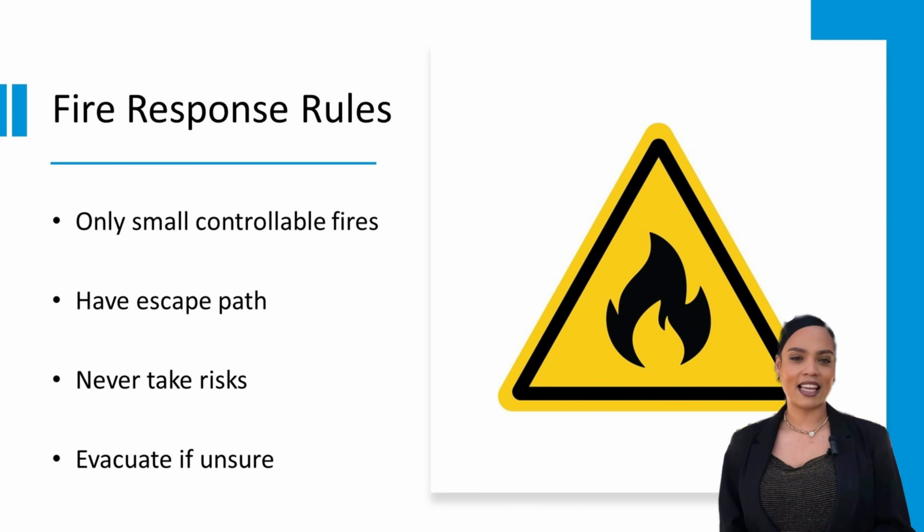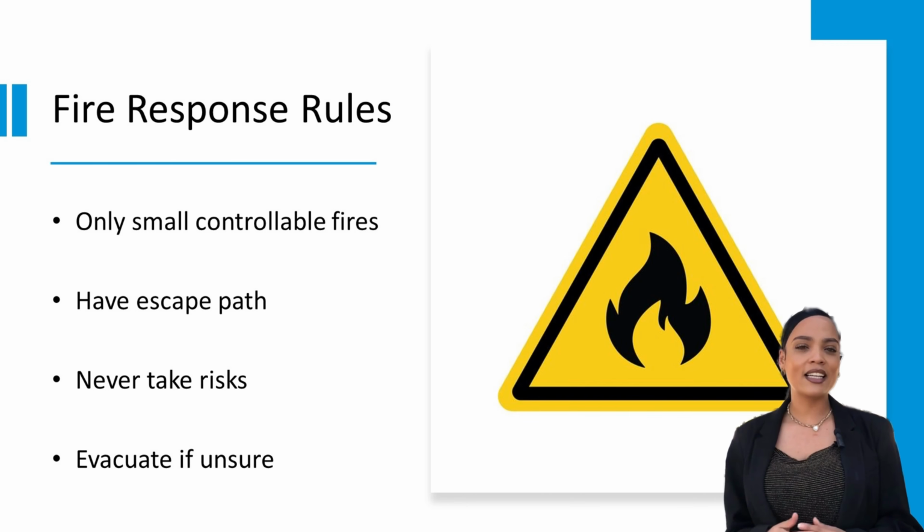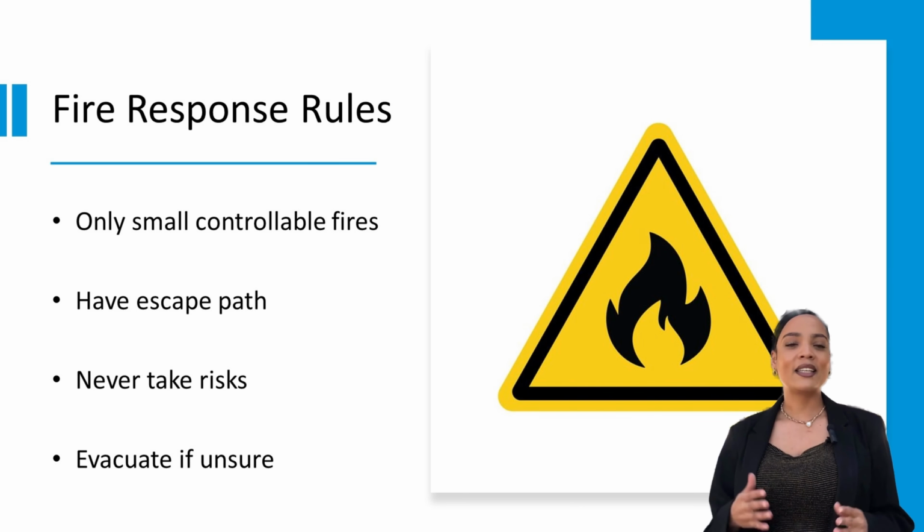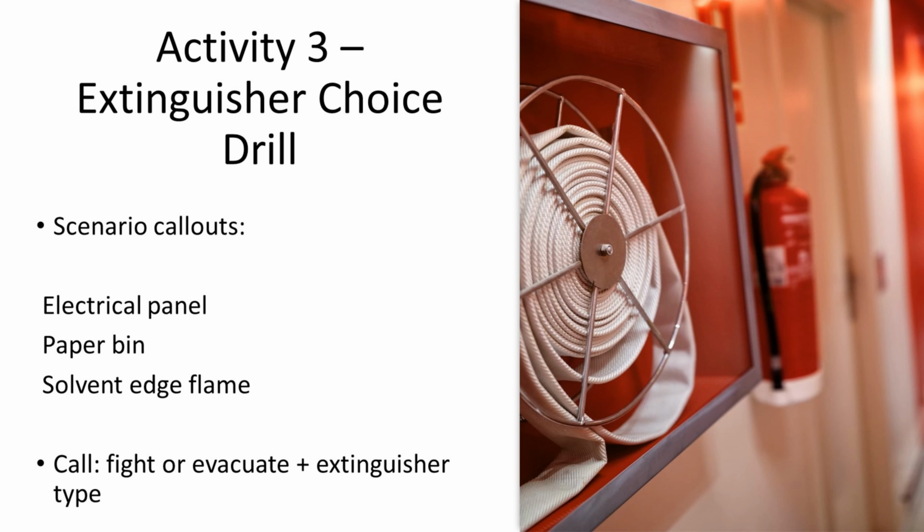Extinguishers: I identify the correct type and follow PASS: pull, aim, squeeze, sweep, only if safe and trained. If I cannot control it immediately, I evacuate and leave it to trained responders. I will describe 3 mini scenarios.